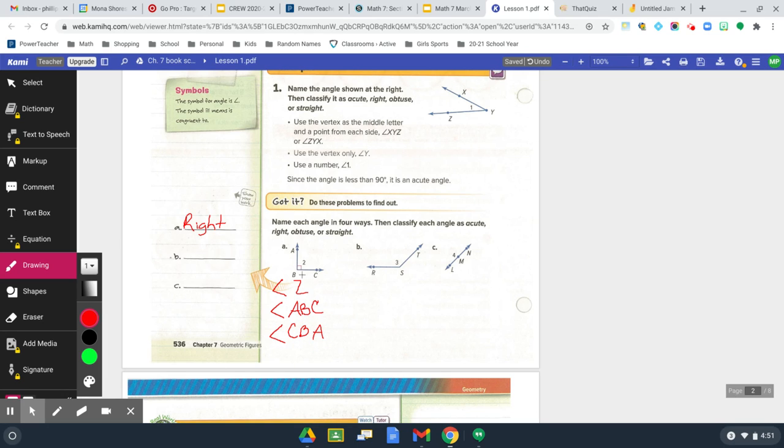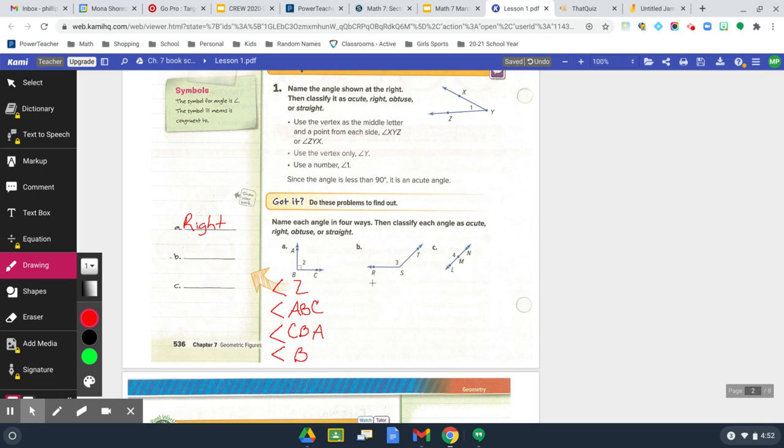So also in that angle, that corner where we said we can call this angle 2, well, we can also call it by the letter that's just there, angle B. And so 4 different ways that you can name that angle that you see pictured besides just a right angle.